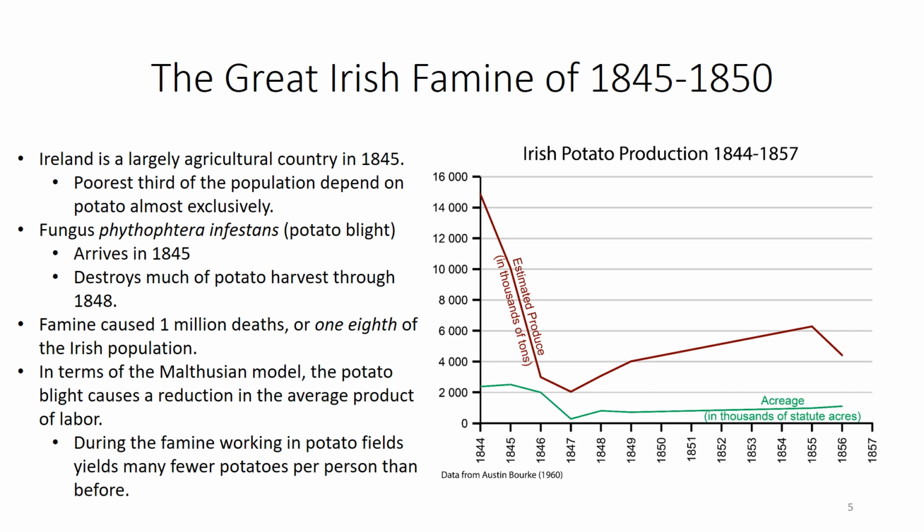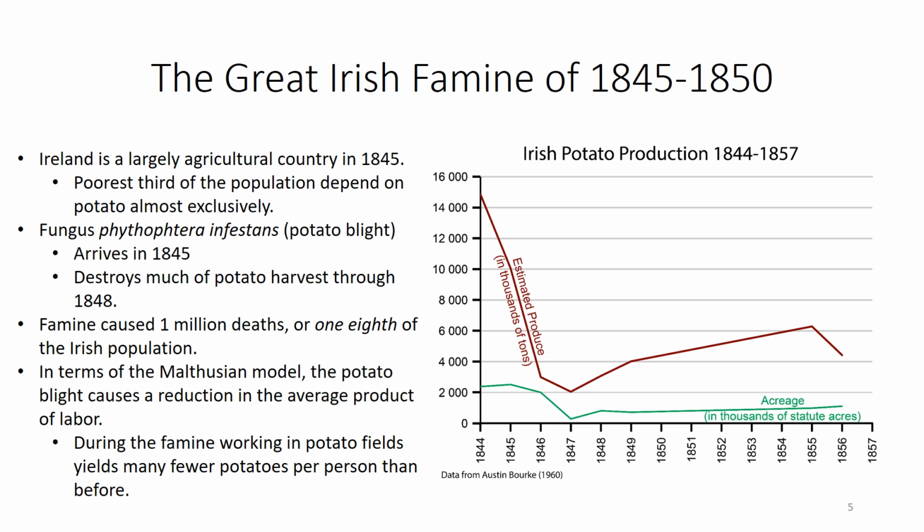Now, how do we connect this to our Malthusian model? Well, what the potato blight does is causes a reduction in the productivity of agricultural labor. So before, people who are working in potato fields would be able to get a substantial amount of potatoes out of the ground for their labor.